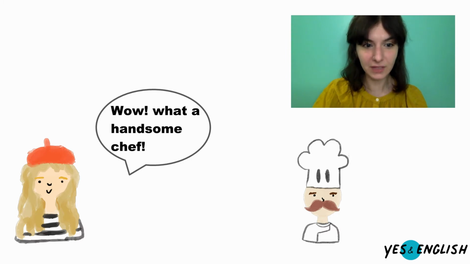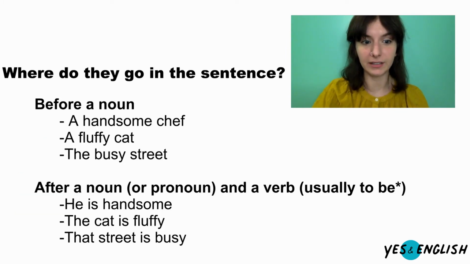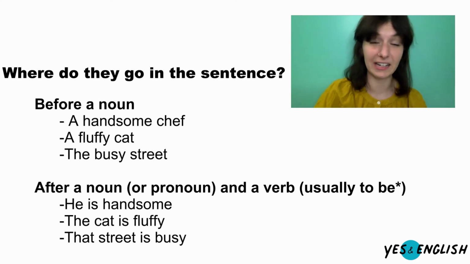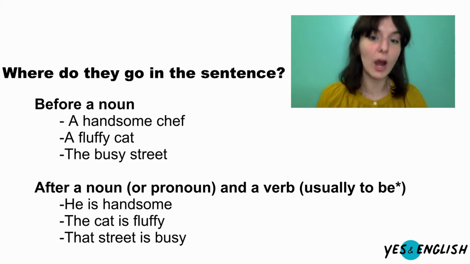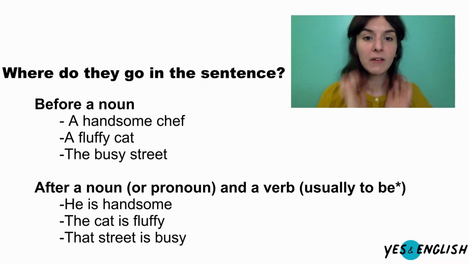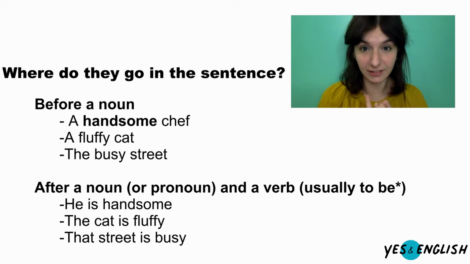Okay? Where do they go in a sentence? So you can play with adjectives a little bit, but in general, they have a very specific place in a sentence, and that is they usually come right before the noun that they are describing. So, for example, a handsome chef.